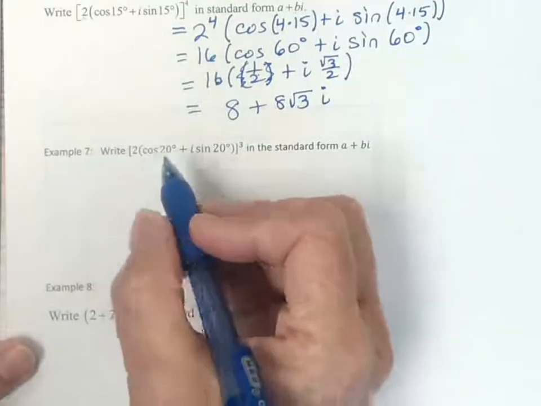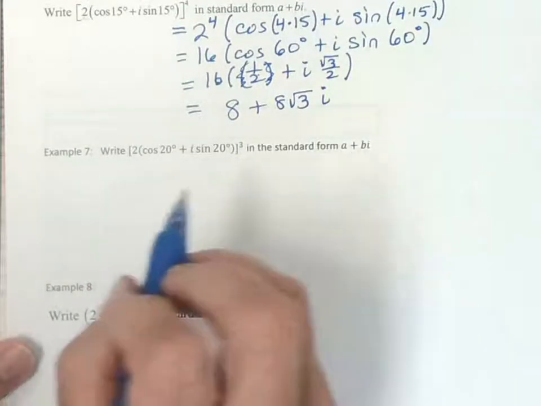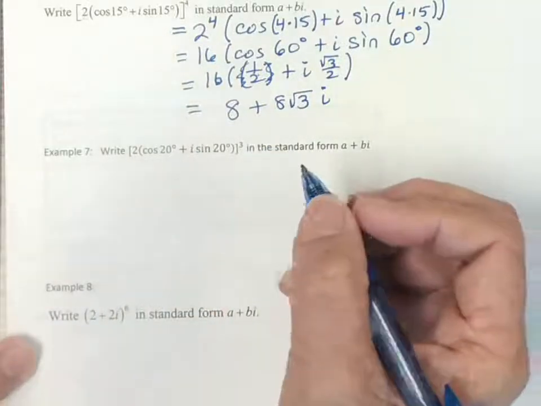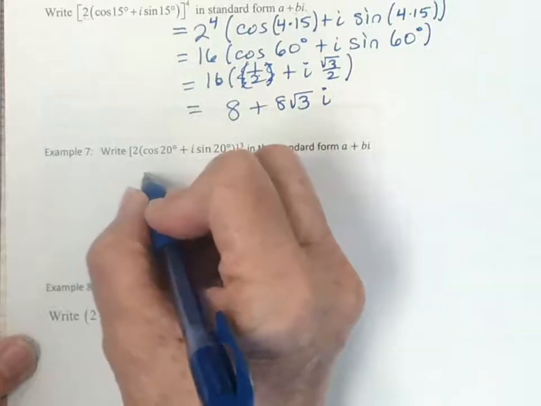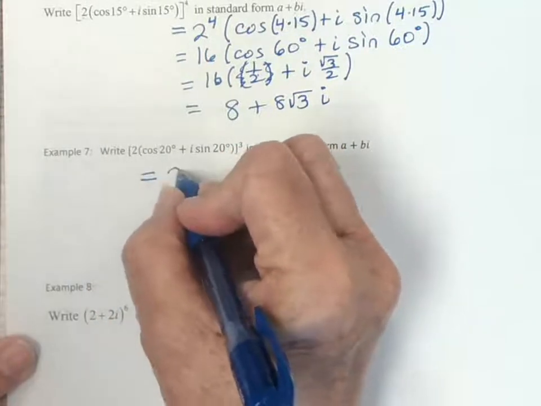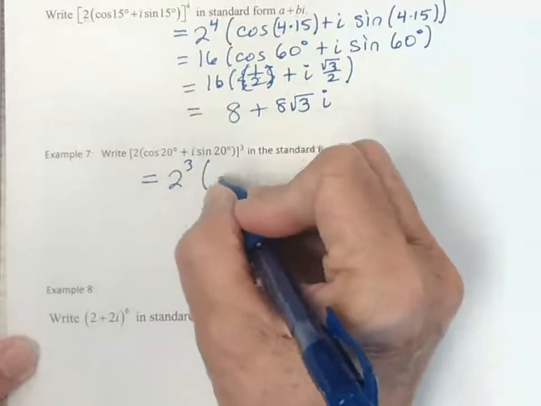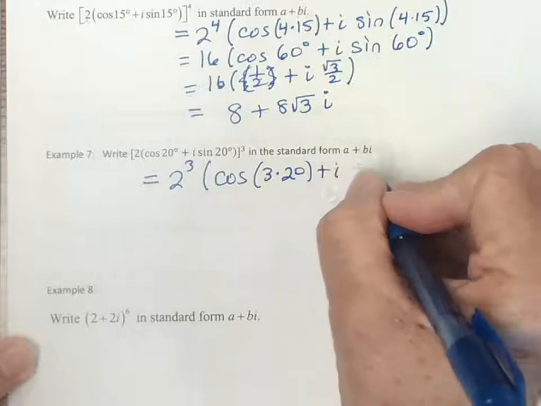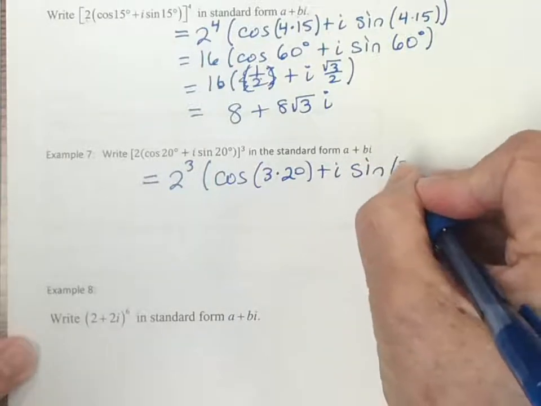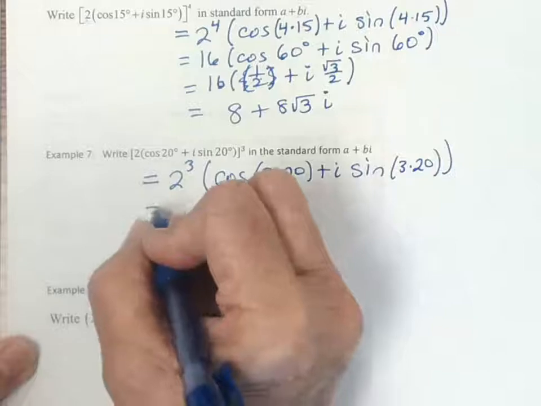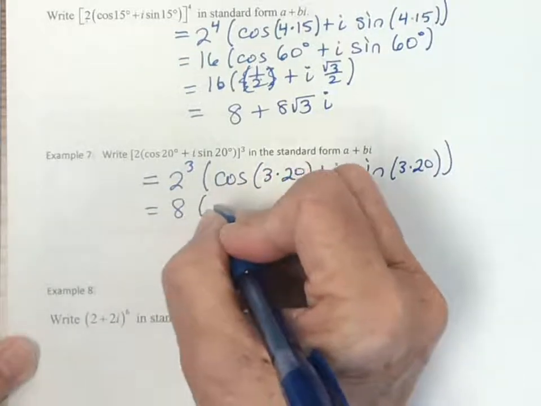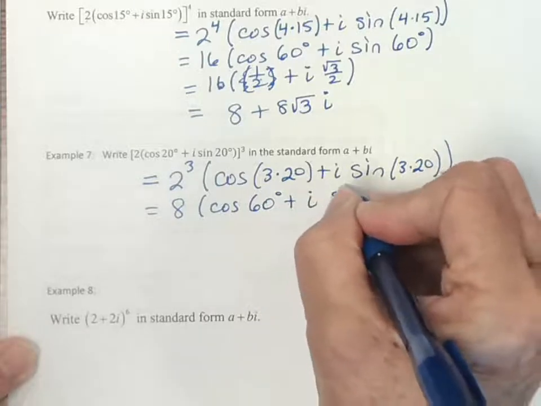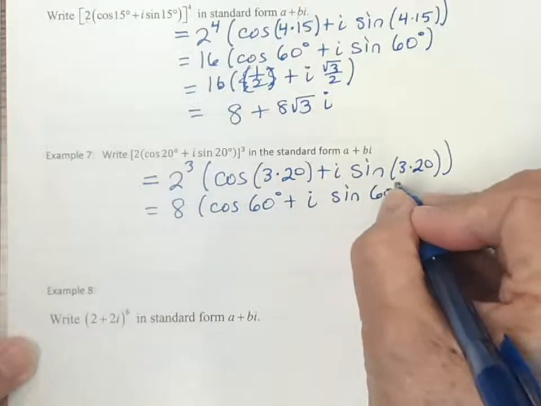Okay, let's take another one. So I'm going to take this one, and again, I want to write it in that form. So my R value is 2, the N value is 3. So try this yourself and then check back to see if you did it correctly. 2 to the third times the cosine of 3 times 20 plus I times the sine of 3 times 20. That gives me 8 cosine of 60 degrees plus I times the sine of 60 degrees.